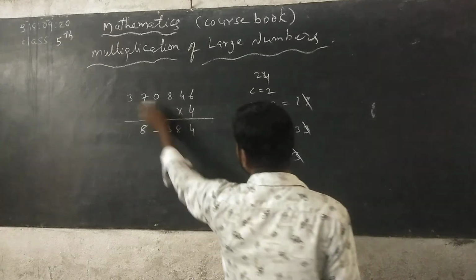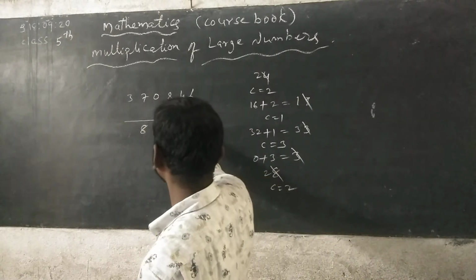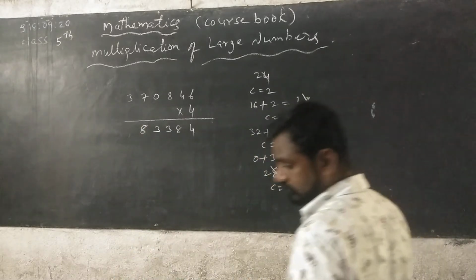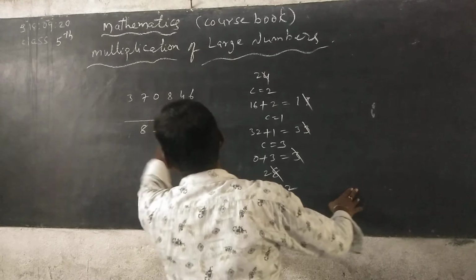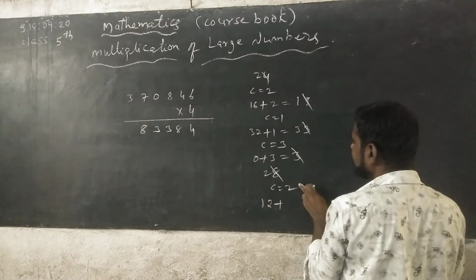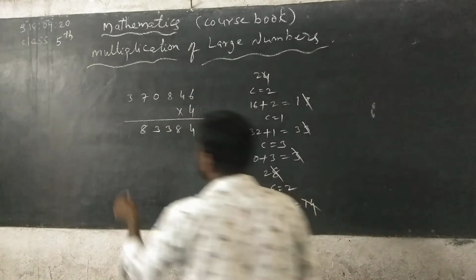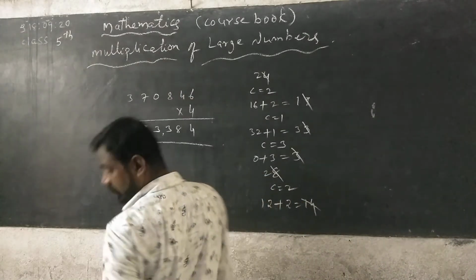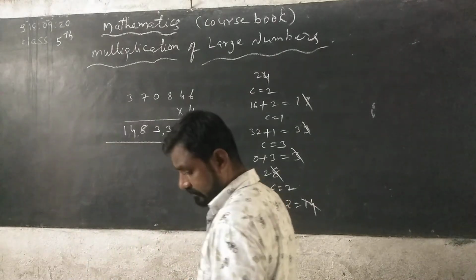Now next, this is the last digit. Ones, tens, hundreds, thousands, ten thousands, lakhs. See here. Four threes are 12 plus carrying, how much is there here? 2. 12 plus 2 is 14. This is the last digit, you can write directly. So 14 lakh 83,384.